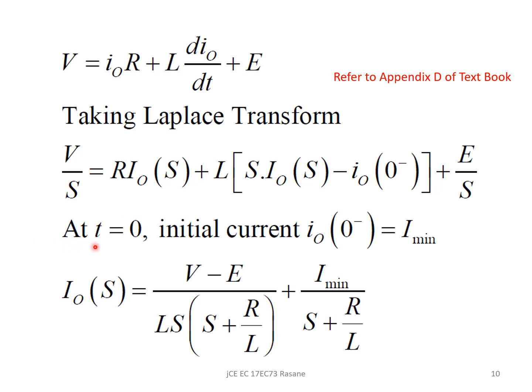Now, this is at time t equal to 0. So we are considering the initial current, that is I naught at t equal to 0 equal to I minimum, because it begins with I minimum if you have seen the waveform.